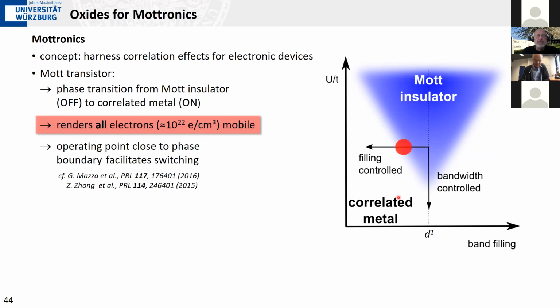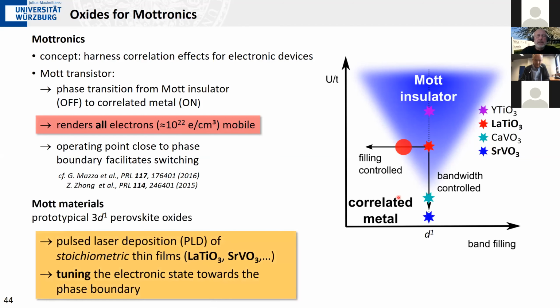There have been some suggestions how you can achieve this in principle on the theory side. The question is, how can we do this experimentally? And the idea is you take a simple Mott insulating material or strongly correlated 3D oxide, for example. Here's a number of systems.